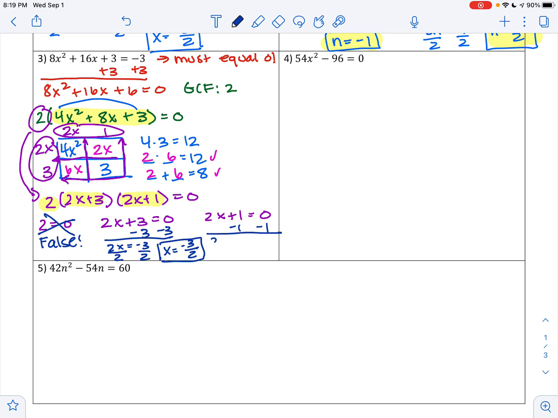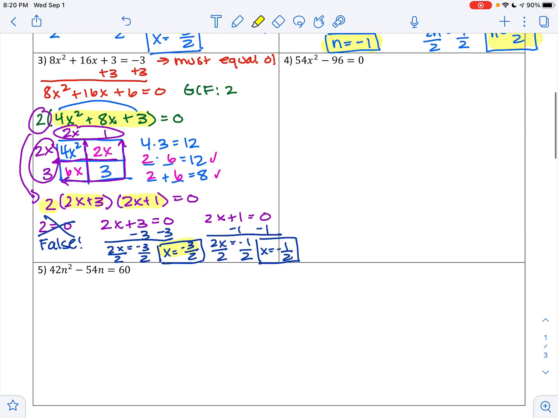So I'll have 2x equals negative 1. To undo multiplication, I'll do division, and I'll get x equals negative 1/2. So my answers are x equals negative 3/2 and x equals negative 1/2. So remember, if I were to graph this equation here, these would be my x-intercepts.